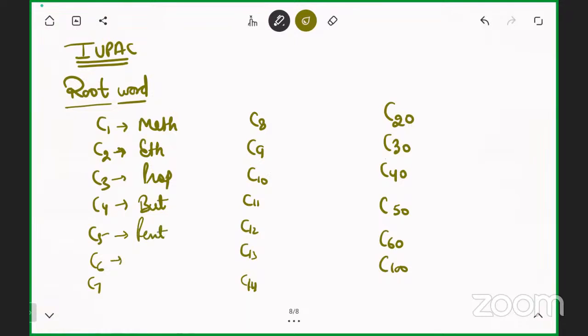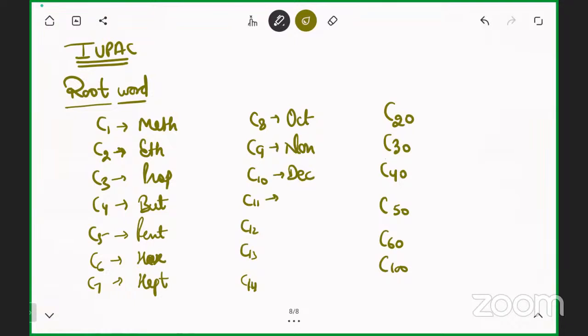C6, hex. Very good. C7, hept. C8, oct. C9, non. Then C10 is dec.